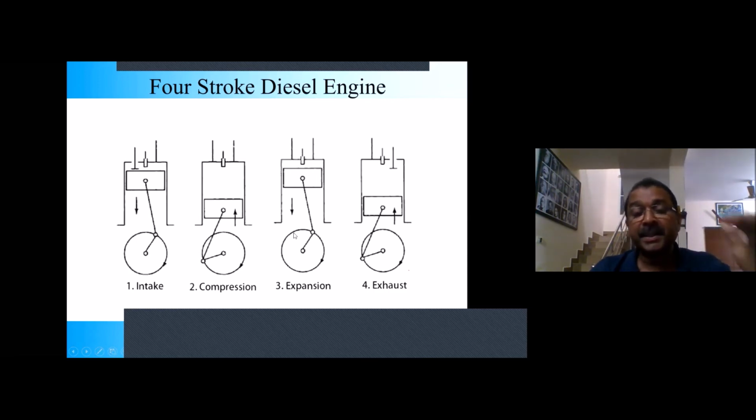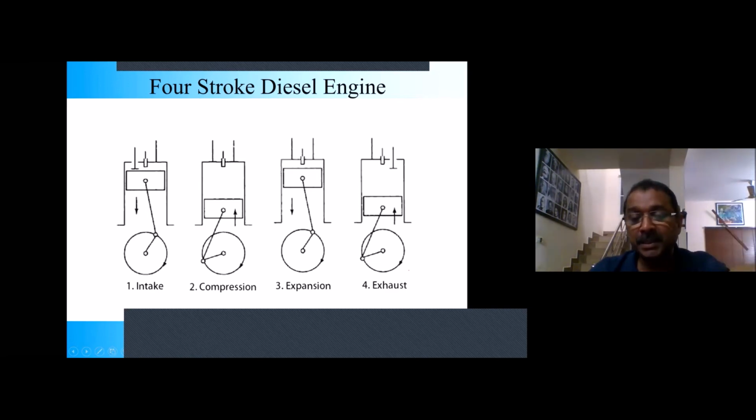This compression ratio is designed in such a way that at the end of the compression stroke, the temperature here will be more than 450 degrees centigrade. So here now we have air with temperature more than 450 degrees centigrade.